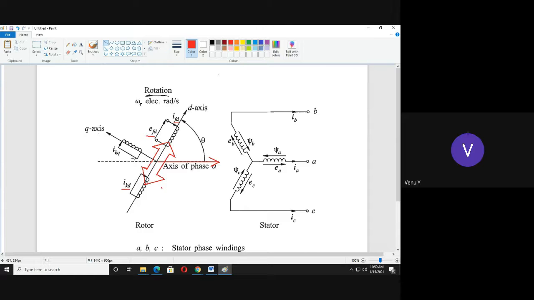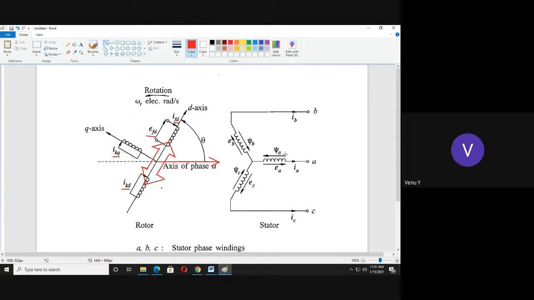And in the q-axis, you can consider one more damper winding which is short circuited. The current is IKQ. So this is damper winding 2. Therefore, you have considered damper windings 1 and 2 and the field winding. These 3 windings are there on the rotor side.